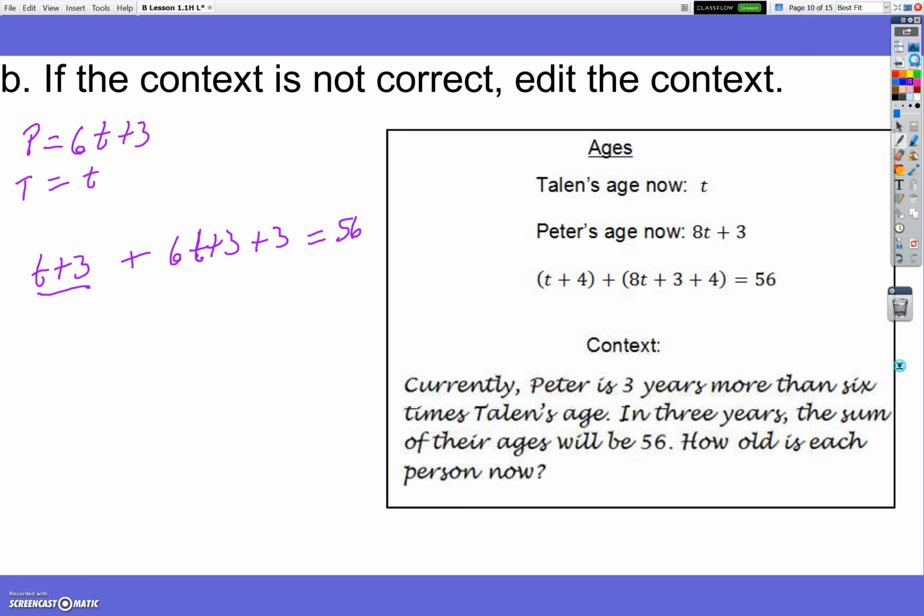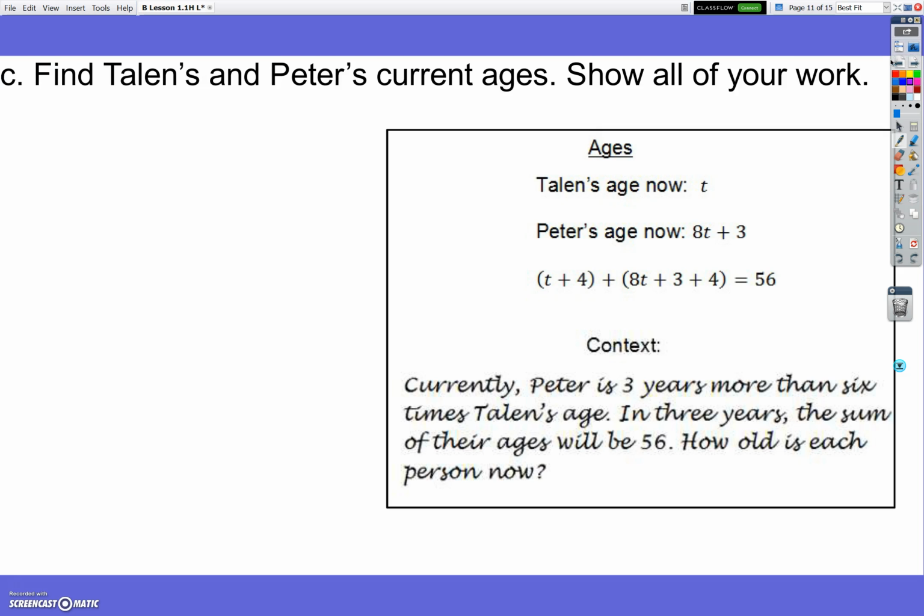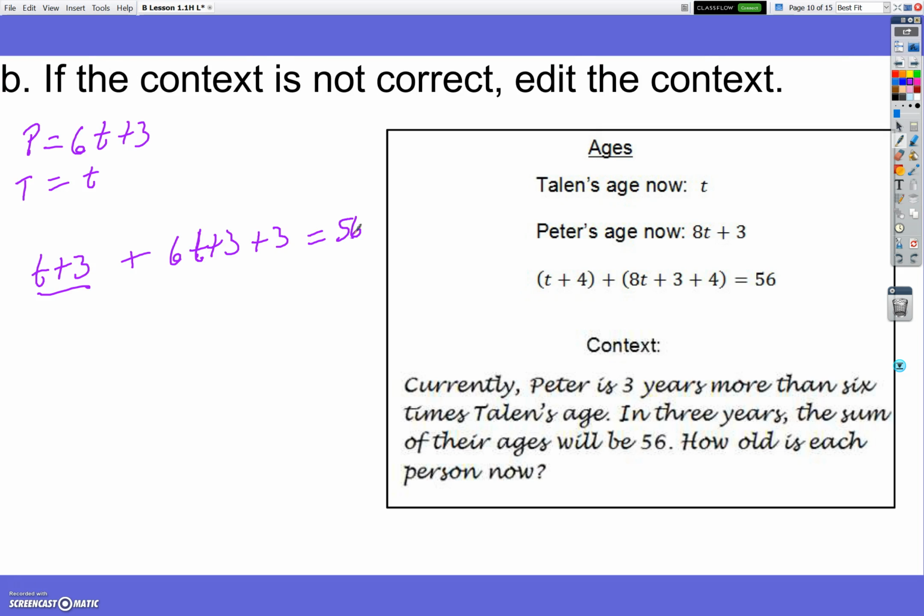Now in part C, I'm assuming it's going to ask us to find Talon's age. So let's go ahead and do it here. But I would like you to rewrite this in C. So let's look at this. I have 7t plus 9 is equal to 56.